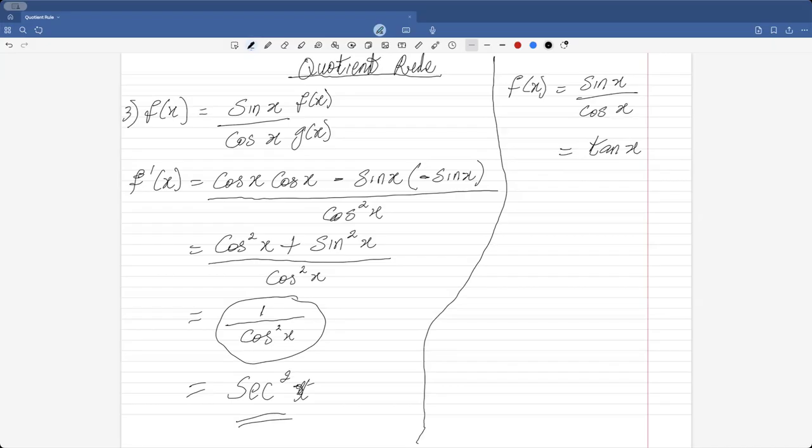So in this case, the derivative of tan x is what? The derivative of tan x is nothing but sec squared x. Of course, we can see the answer at the bottom here. We just proved it.